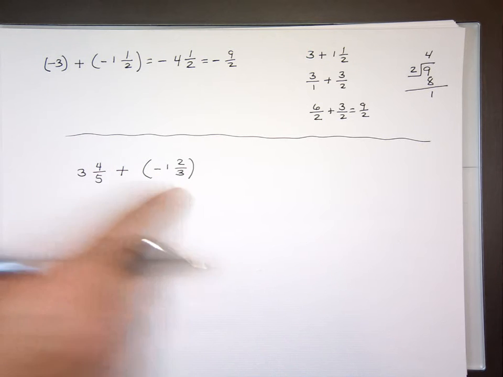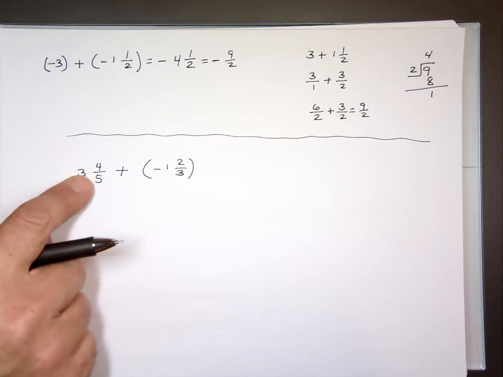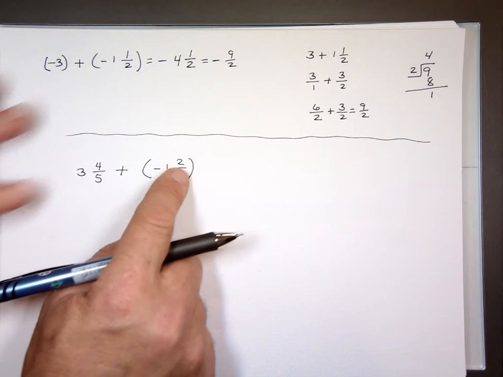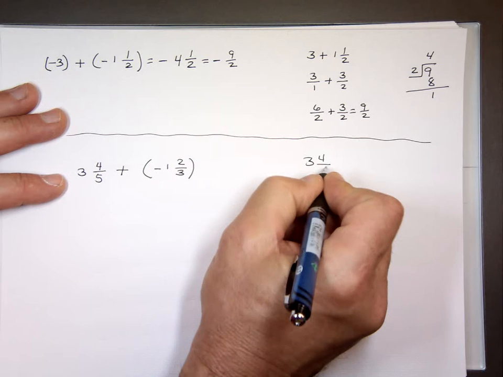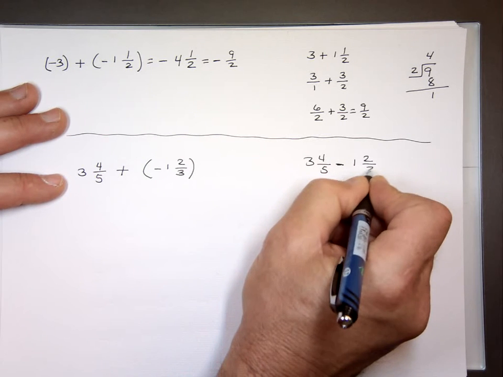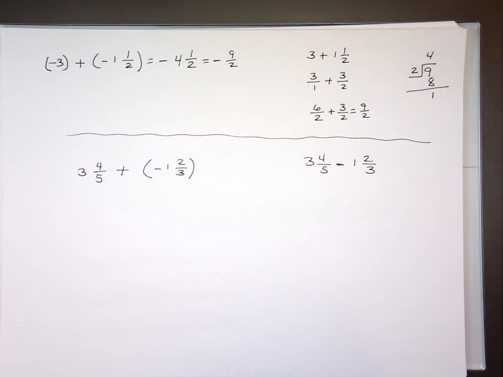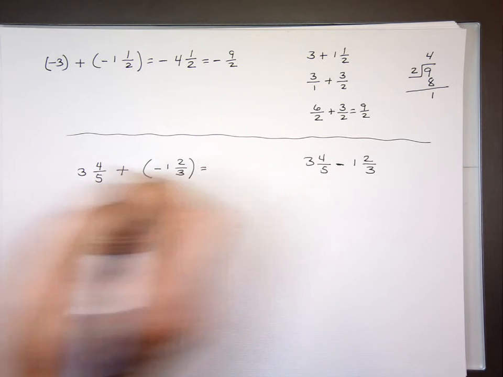This or that? This one is bigger than that. So I'm going to subtract the smaller from the larger. So 3 and 4 over 5 minus 1 and 2/3. When they are different, you subtract the smaller from the larger, and you take the sign of the larger. My larger is this. So my answer is going to be positive.